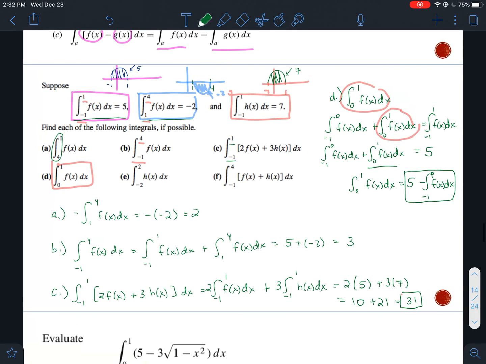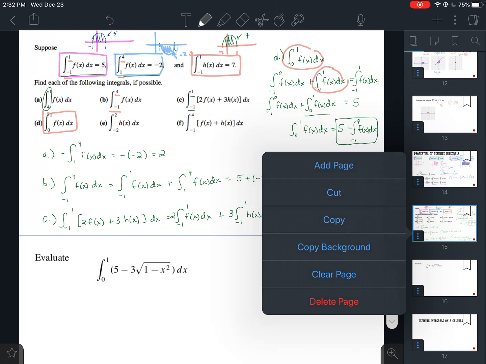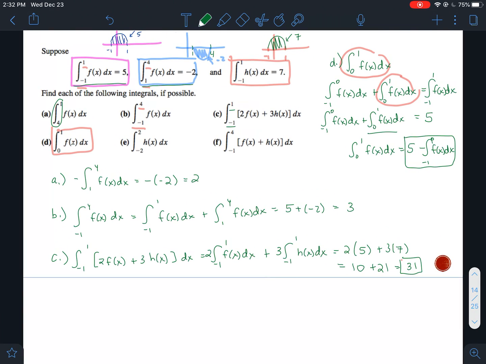All right, E, I want to go from -2 to +2 of h of x. This one, I only know the middle one, from -1 to +1 is 7. So if I wanted to write it as a big expression, I would have to write it like this. So E, we're trying to find the integral from -2 to +2 of h of x dx.